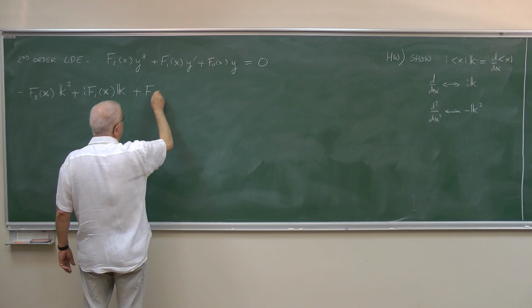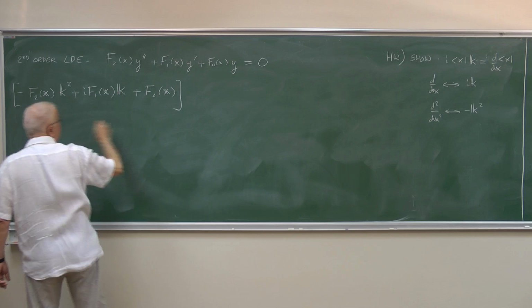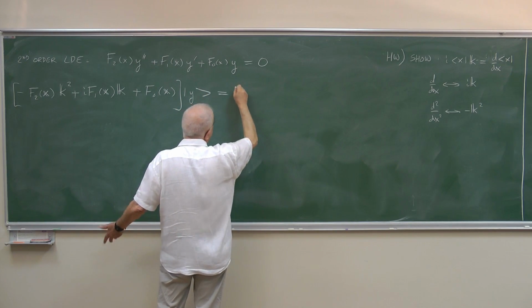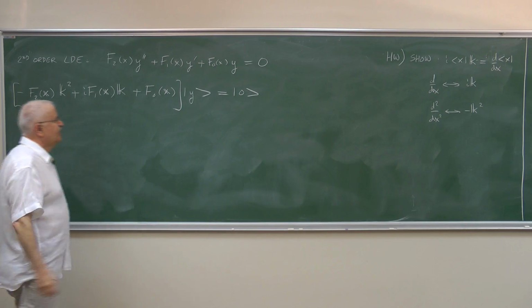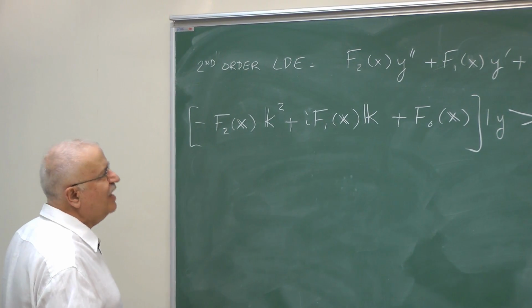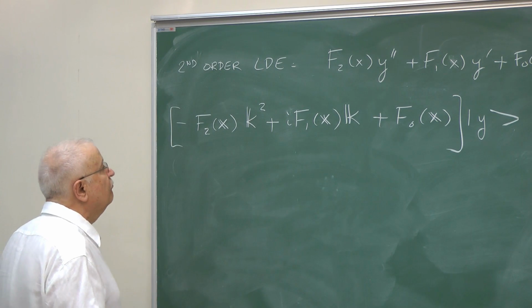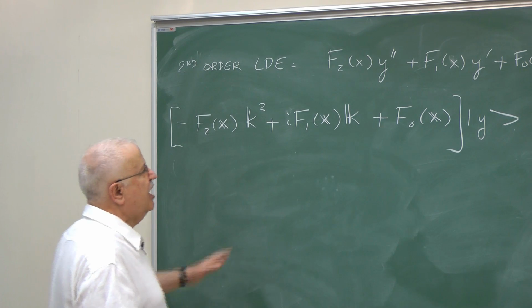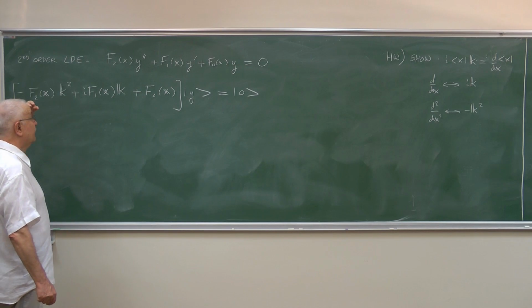Finally, f0 of x, together they hit y and give me 0. This 0 is 0 ket, but its scalar product with anything will give me 0. So this is the abstract version. This is the concrete version.